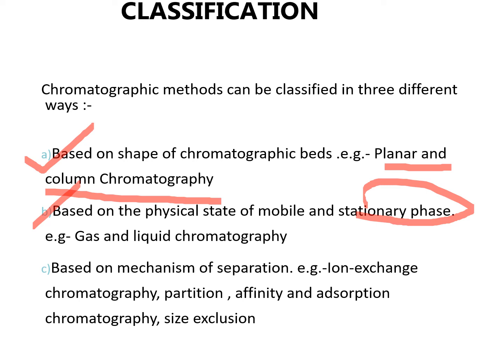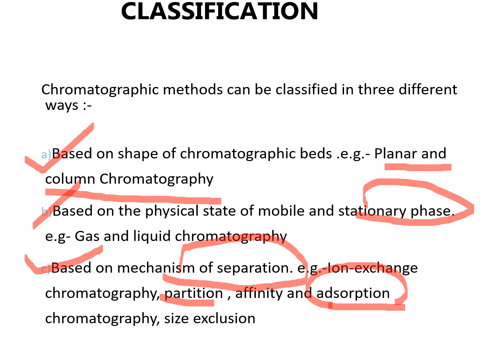A very important criterion is the basis of separation. I told you that different types of chromatography are classified on the basis of their mechanism, right? Mainly two types of mechanisms are there.